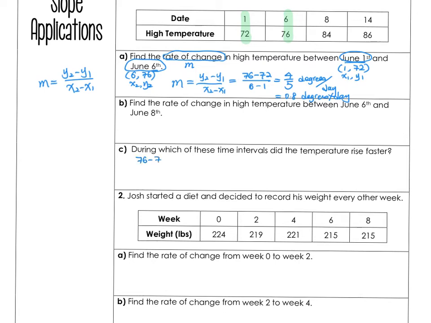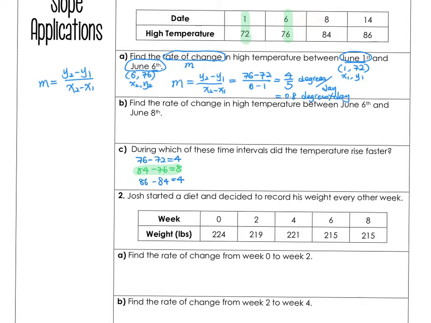When it rose from 72 to 76, that's 4 degrees. And then it went up from 76 to 84, that's 8 degrees. And then 84 to 86, it's 2 degrees. So obviously, the part that rose the fastest is this period, from 76 to 84.